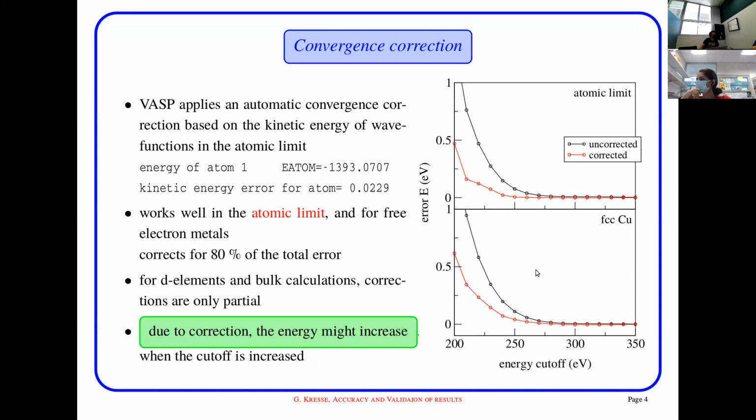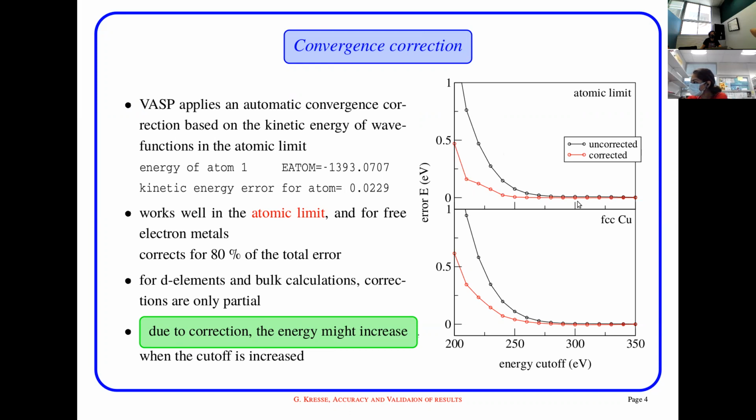Then here, it's just telling you about some internal corrections that VASP is doing, and that due to this correction the energy might increase, but it's not that important. This would be the value without the internal correction by VASP.